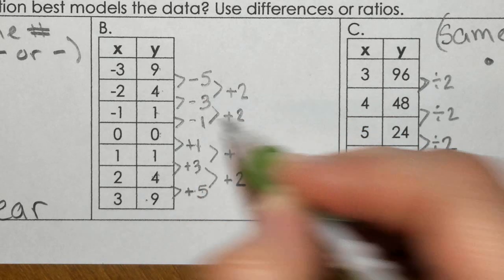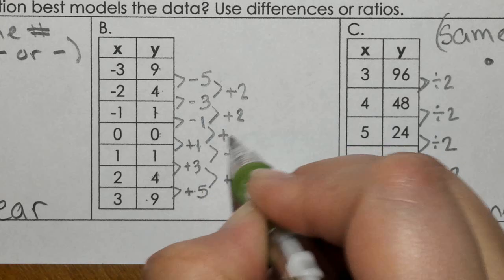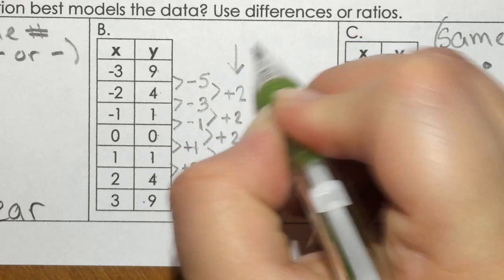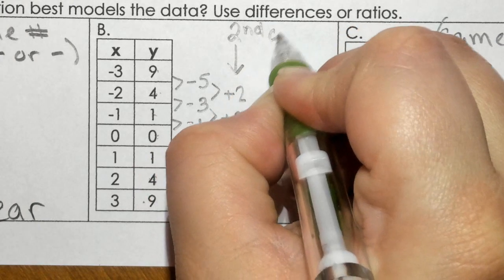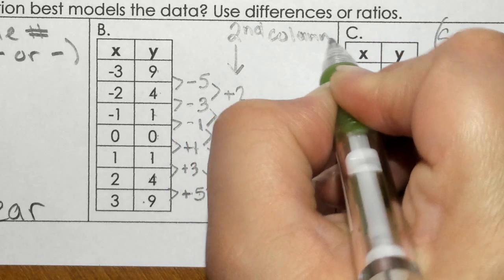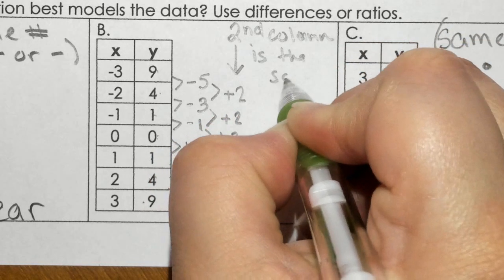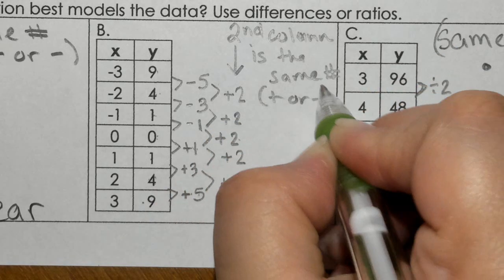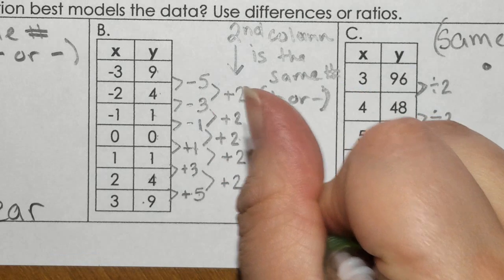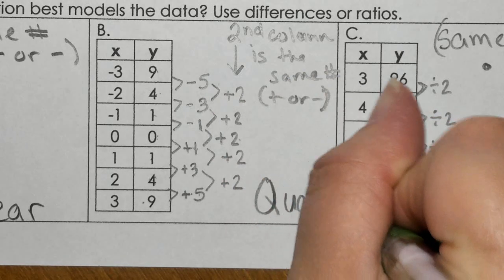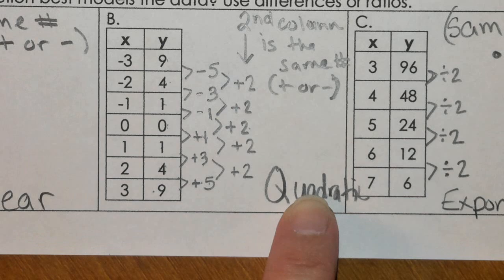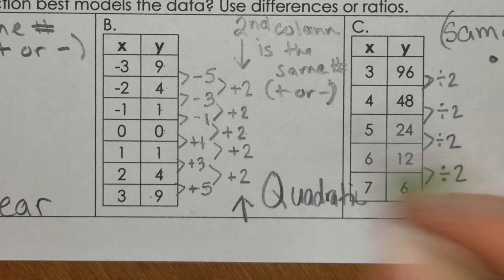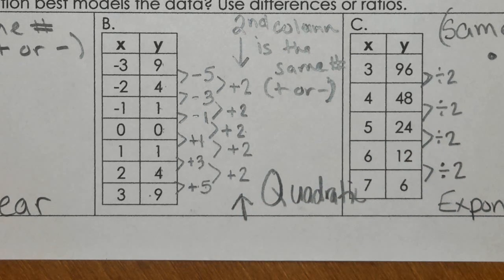Negative 3 plus 2 is negative 1. And negative 1 plus 2 would be a positive 1. So if the second column is the same number using addition or subtraction, then this, I ran out of space, is a quadratic. Okay? So you have to do this twice. And if this column is the same, you can say it's quadratic.